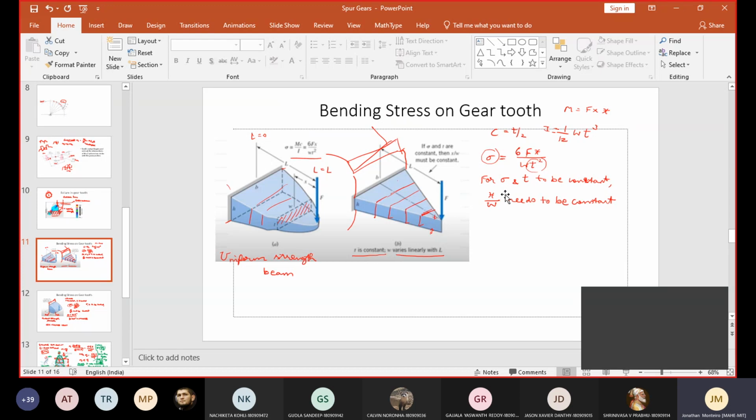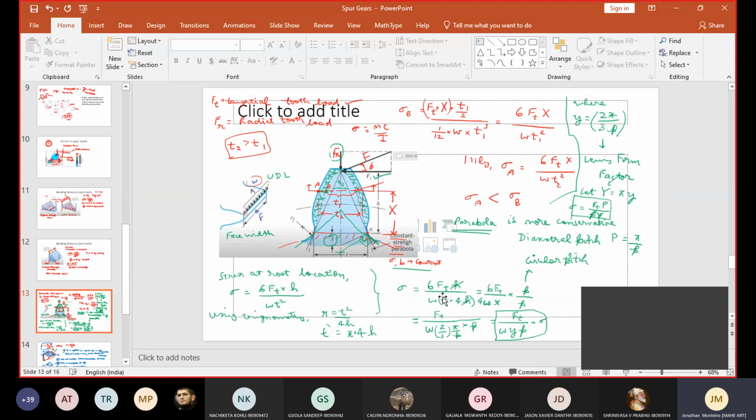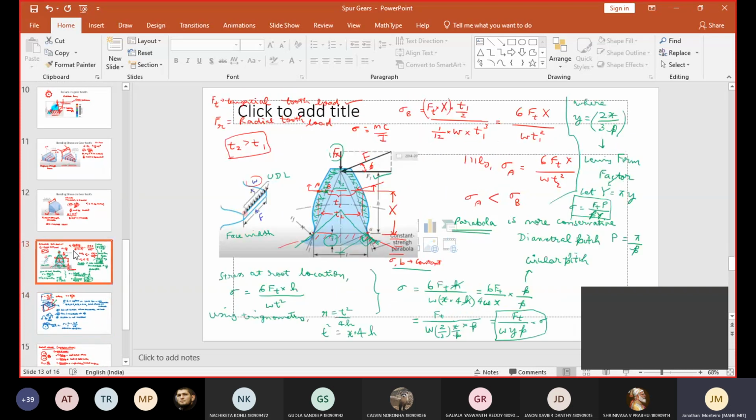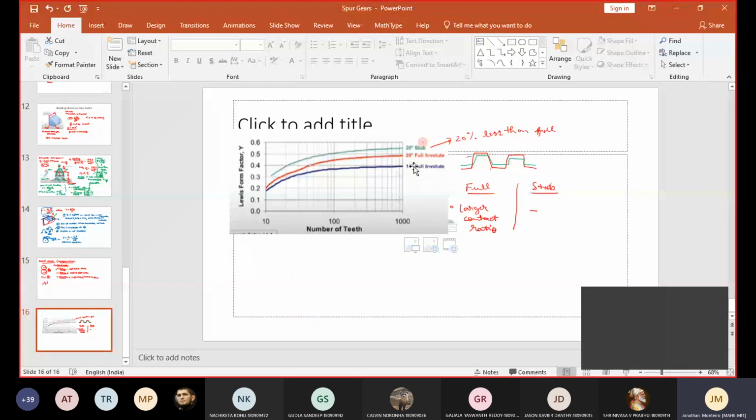Then you understood how a profile needs to be taken care of, and why we are going for a parabolic profile. Under the parabolic profile, we have understood what a Lewis form factor is and how it came out to be. And we discussed slightly about the 20 degree and 14 degree different types of tooth profiles. More on this will continue from this slide itself, more on 20 degree full, stub and 14 degree in the next class.